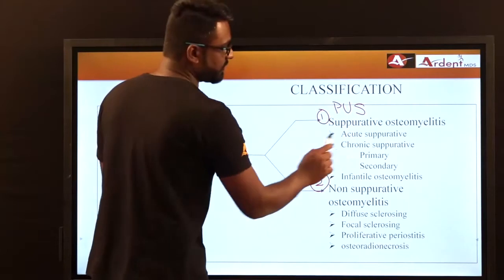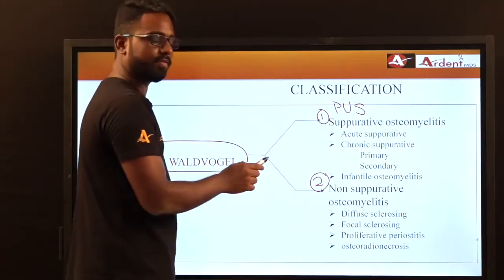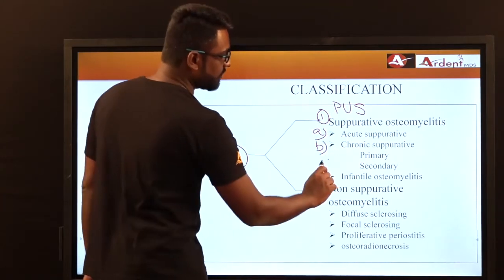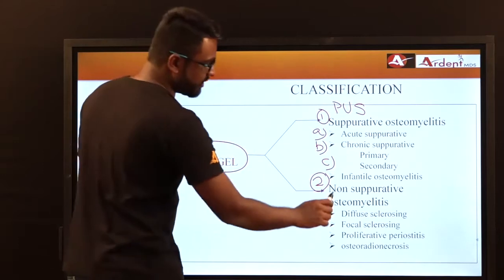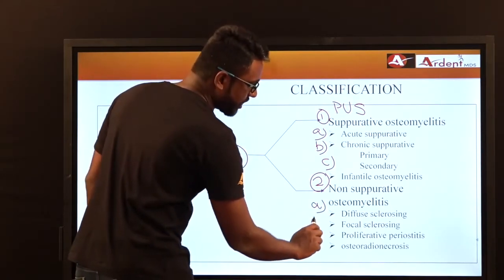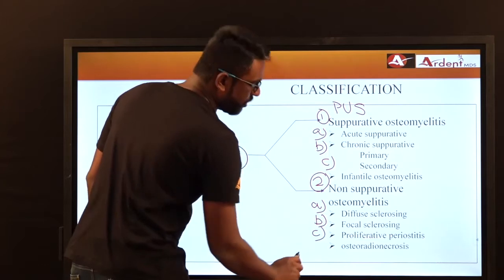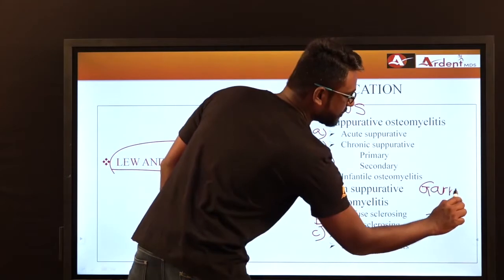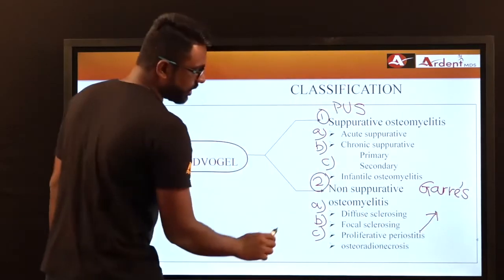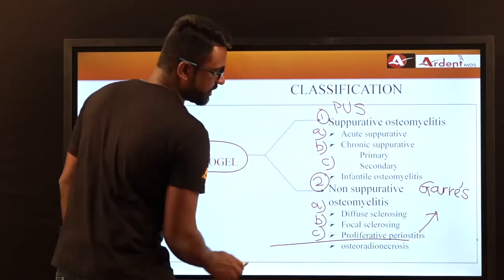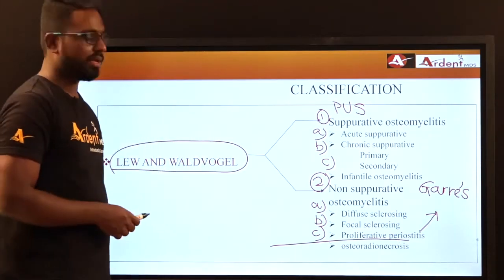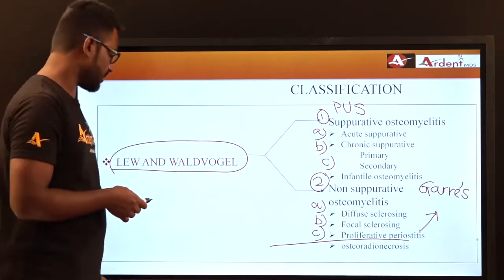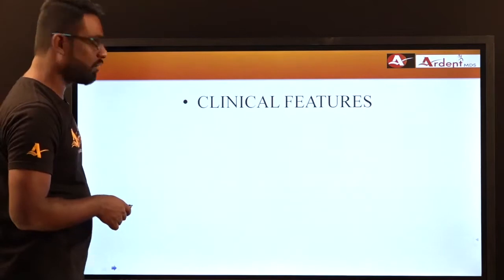Suppurative can be classified again as acute, chronic, and infantile, in infants. Non-suppurative can be classified as diffuse sclerosing, focal sclerosing, and proliferative periostitis, which is another name for Garre's osteomyelitis. The last one is osteoradionecrosis. That is a different chapter that we discussed previously in a different session. If you want to know about it elaborately, you can visit that session. So this is the classification by Lucas and Waldvogel.